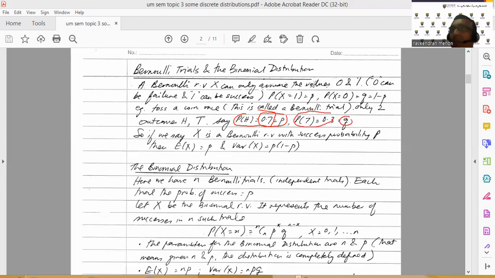But what do I want you to take away first? I want you to take away the idea that a Bernoulli random variable will be like this. Let me just quickly write it again.